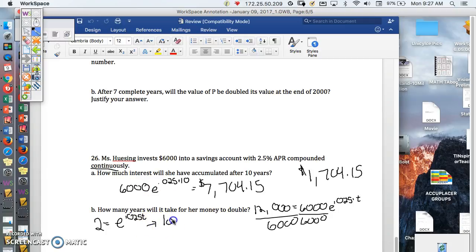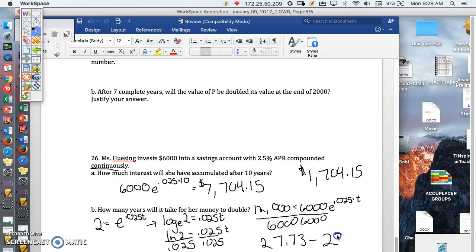So we have log base e of 2 equals 0.025 t. Again, log base e is the natural log of 2. And then we divide by 0.025. And we end up with 27.73. So it would take 28 years.